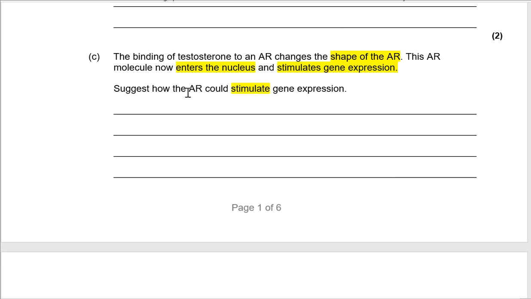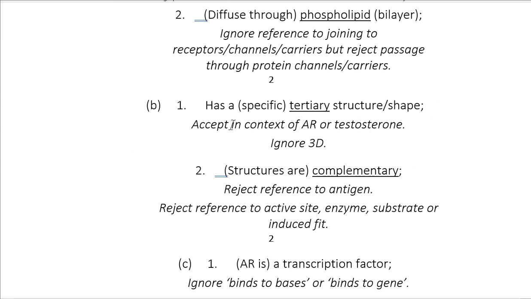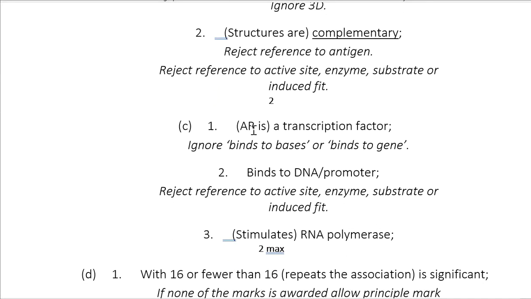So how could this AR, in other words this transcription factor, stimulate gene expression? We talked about transcription factors: they are either repressors or activators. The word stimulate hints that this is an activator. The mark scheme says first of all you mention that it is a transcription factor.